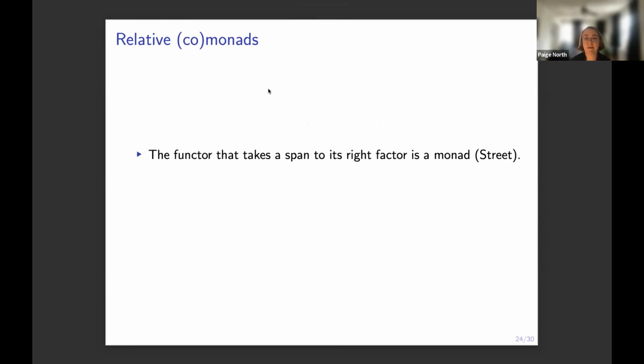We can think about the functor that takes a span to its right factor. So let me draw this out. If we have a span like this, we can take it to its right factor, which we're calling rho FG, and here also rho FG, maybe rho 1 and rho 2 FG.